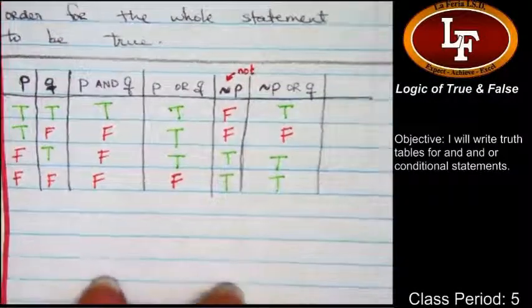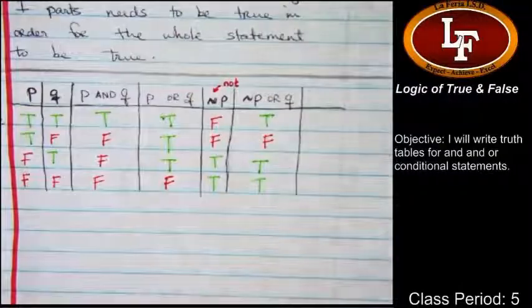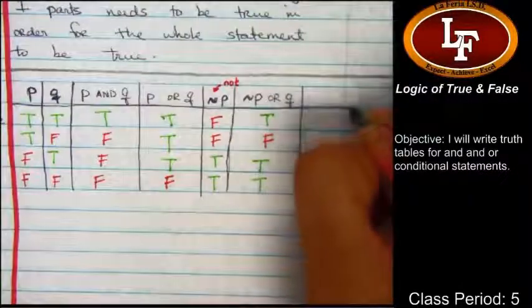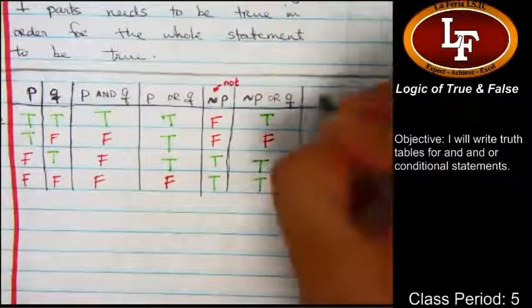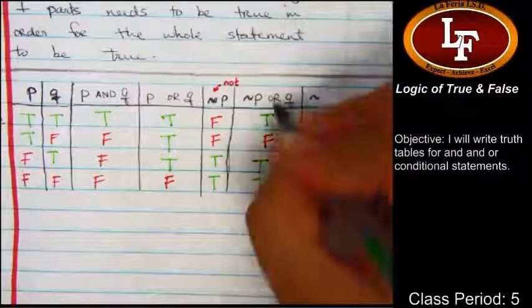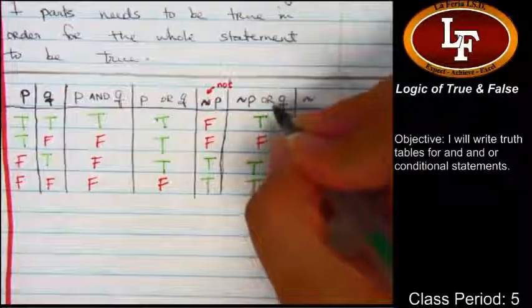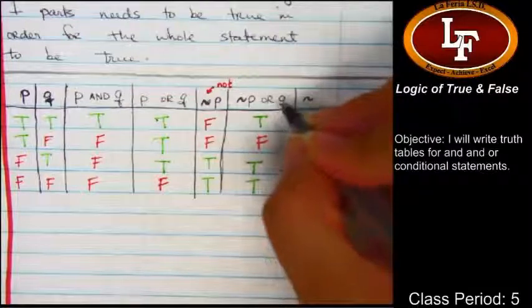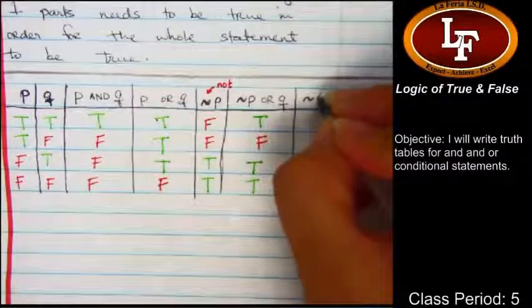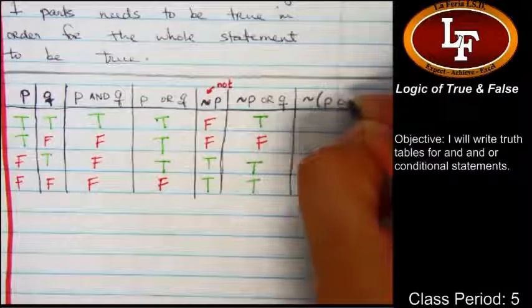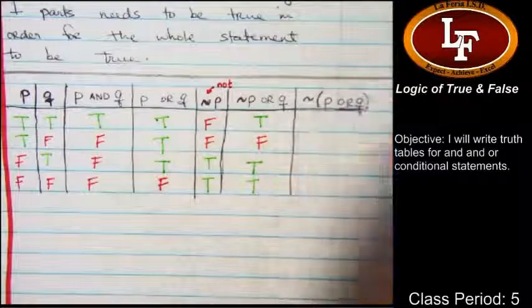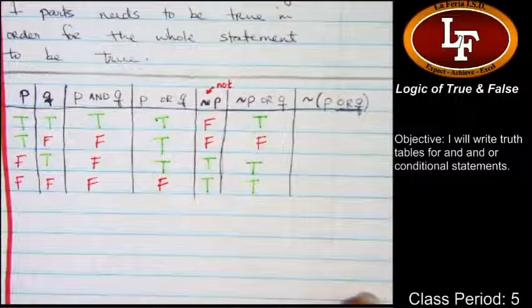All right, but I want you to look at the difference between this last statement, and this is it, and I promise we're done. This statement was read, not P or Q. This one is said, not P or Q. Do you see the difference?